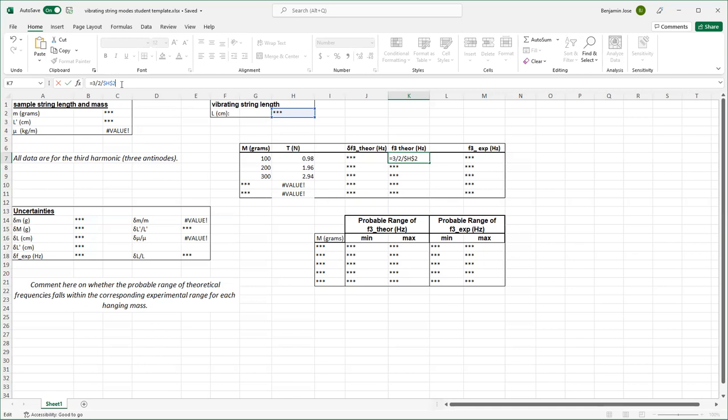I'm just using properties of order of operations there to enter the syntax differently. And once again, I did that because I don't like all these parentheses. I could have done this divided by the quantity 2 times L, but that introduces a set of parentheses that could be cluttered later, depending on how many other parentheses we have to enter. So I just go with 3 divided by 2 divided by the absolute cell reference.